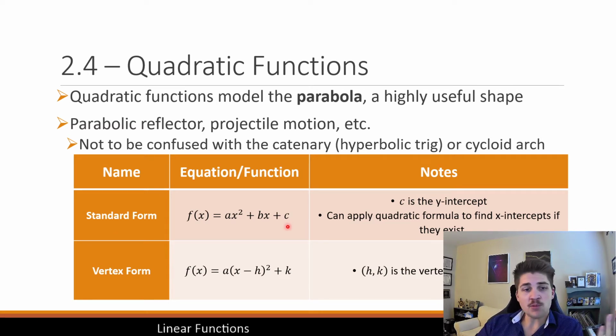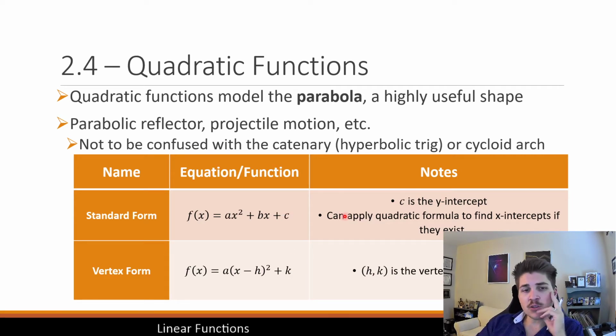From algebra, you're probably used to polynomials like x squared plus 4x minus 5. We would say it's in standard form, just written out in full. And so much like with linear functions, c is going to be the y-intercept. That's pretty simple because if you plug in 0, both of the other terms would turn into 0, and we'd just be left with c as the location of where it crosses the y-axis.